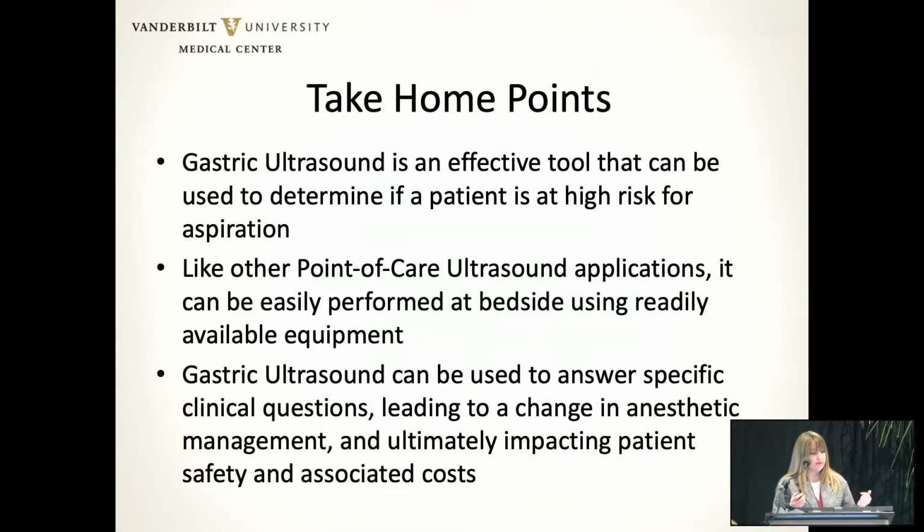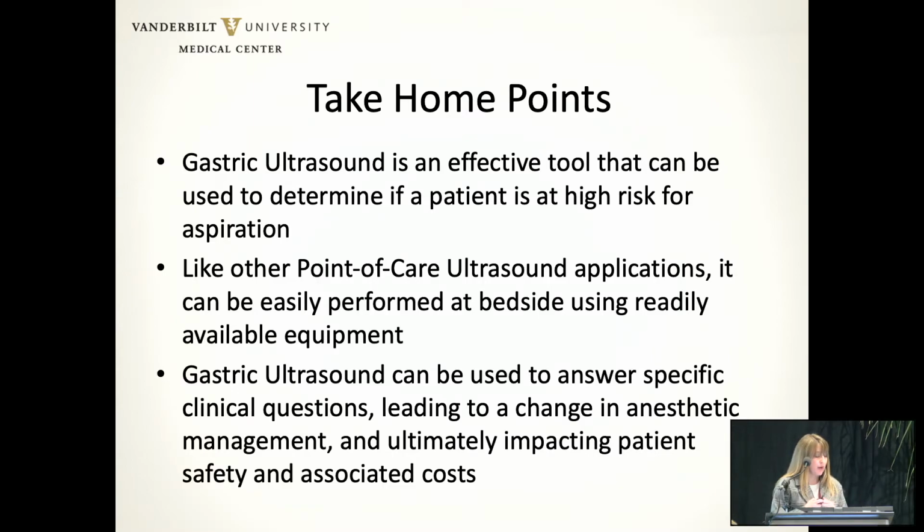So what I'm going to leave you with here is hopefully an idea that gastric ultrasound can be an effective tool to help determine if a patient is at high risk for aspiration. And like many of our other point-of-care ultrasound applications, I think this is something that's pretty easy to do. You typically have this equipment readily available, especially if you're doing a nerve block.